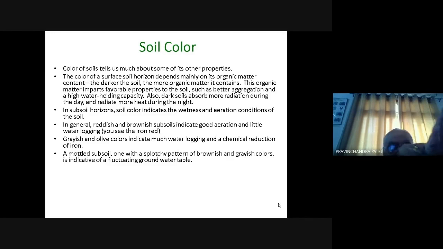And in saline, alkaline or sodic soil, you will find the waterlogged condition, and it is not desirable. Soil structure has deteriorated and there will be poor aeration, and the plant will not take sufficient nutrients and water. A mottled subsoil, one with a spotty pattern of brownish and grayish color, is indicative of a fluctuating groundwater table.